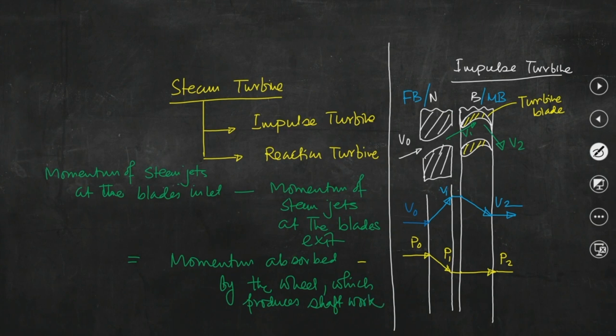So, momentum absorbed by the wheel produces shaft work.